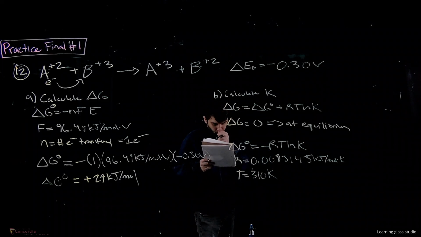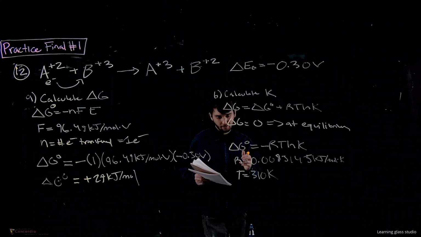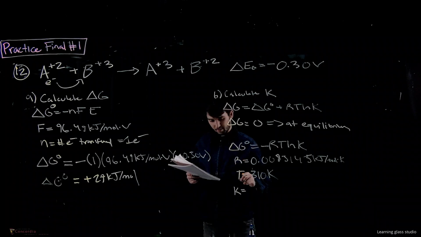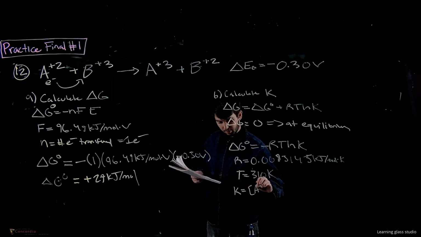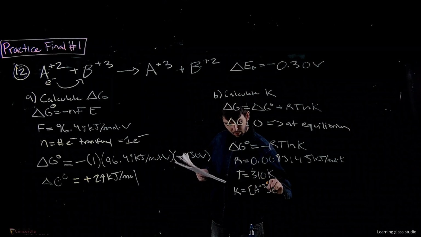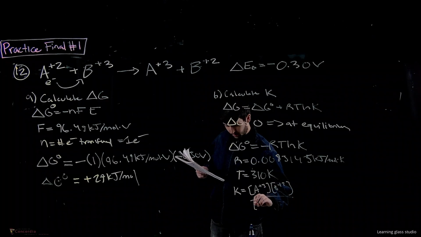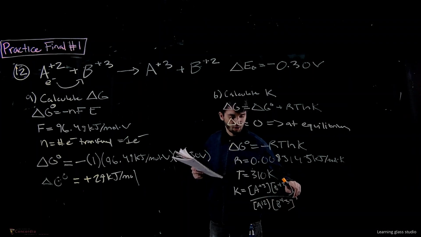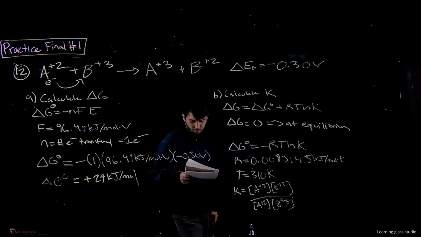Okay. The other thing we need to write down is that K is going to be equal to the products over the reactants. So concentration of A plus 3, B plus 2 over A plus 2, B plus 3. So products over reactants there.